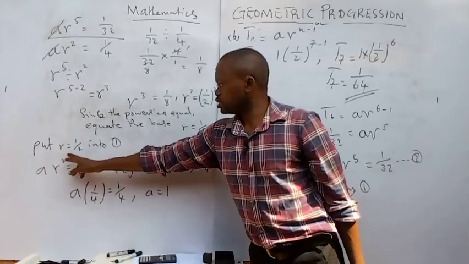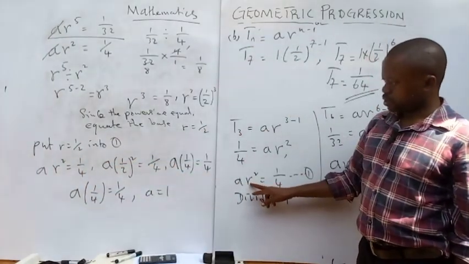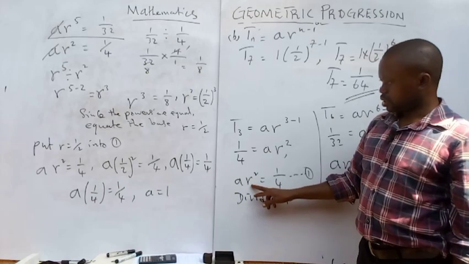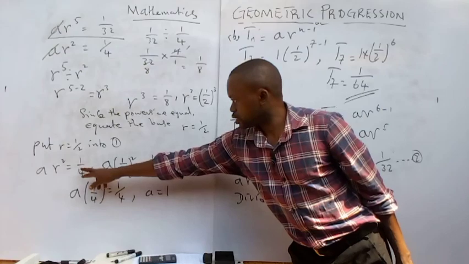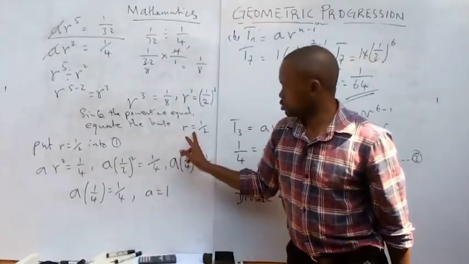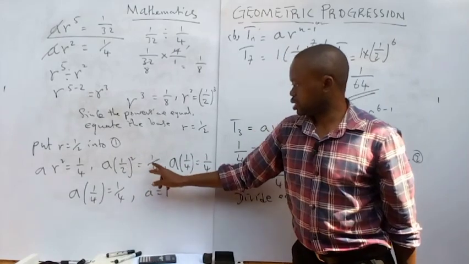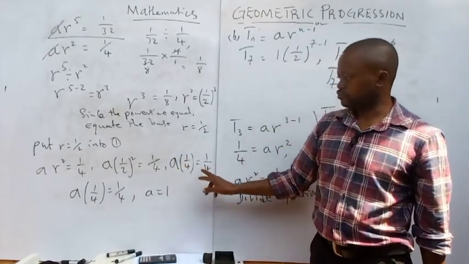And then we went back to equation 1, made our substitution, and we're able to find the value for the first term. You look at the substitution there. This is equation 1, and we substituted the common ratio, which is half, squared it, and that gave us 1 over 4. So a times 1 over 4 equals 1 over 4.